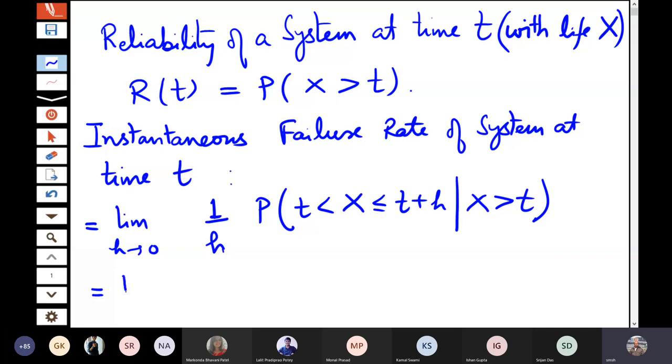So this is equal to limit as h tends to 0, 1 by h.